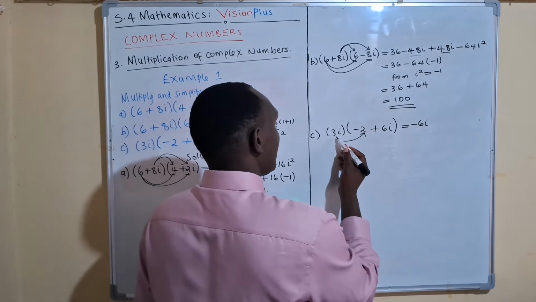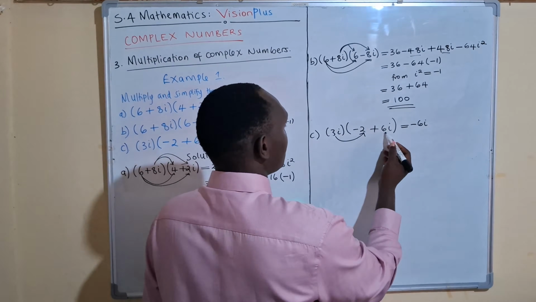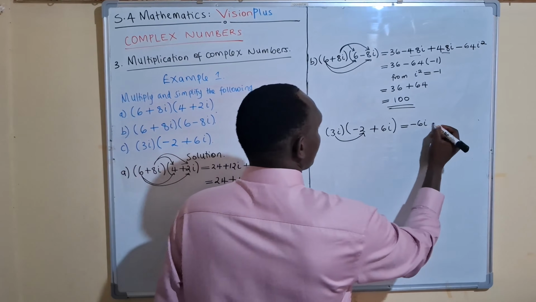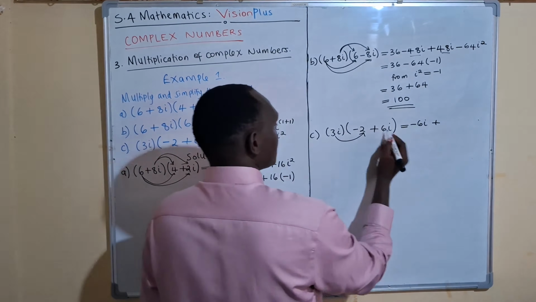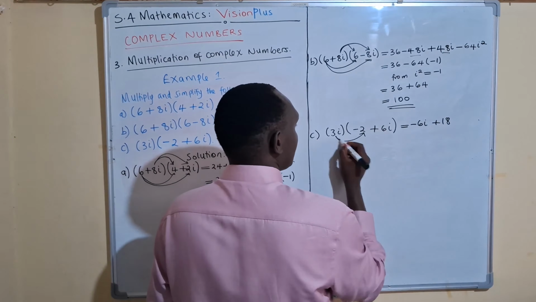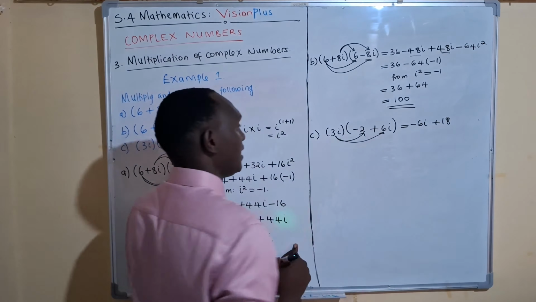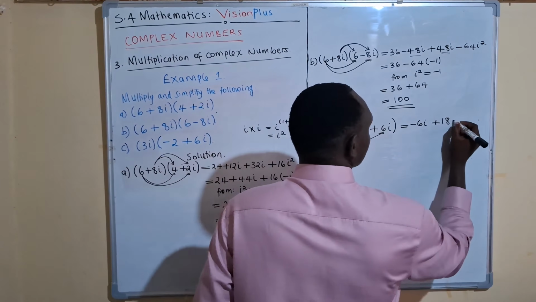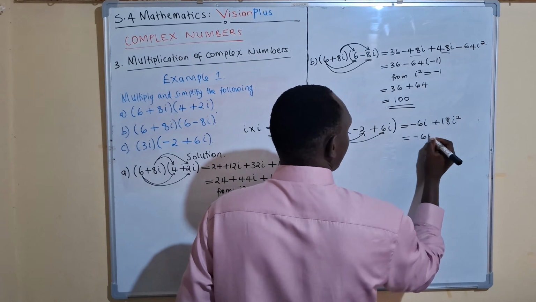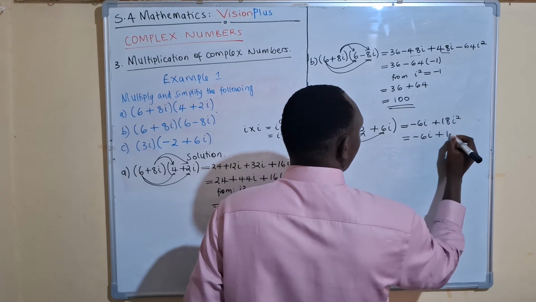And then 3i times positive 6i. So 3i times 6i will give us, first of all, 3 times 6 is 18. i times i is i squared. This here gives us negative 6i plus 18 i squared.